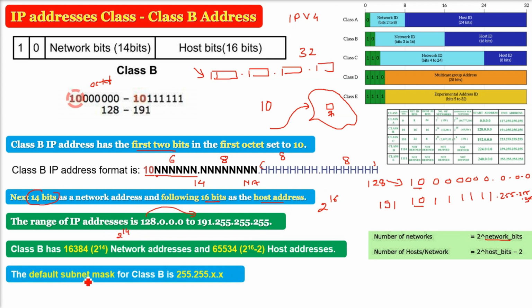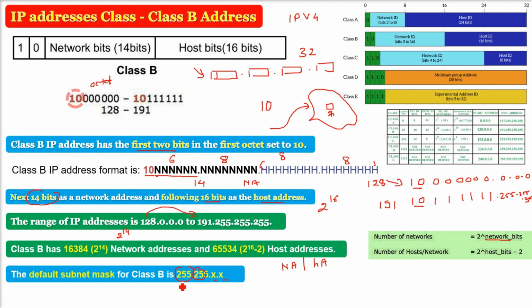The default subnet mask of class B. First of all, what is a subnet mask? This subnet mask is used to separate the network address and the host address, because the 32-bit address consists of these two. So when you apply this default subnet mask, you actually AND it with the actual address given. This 255 is basically 11111111.